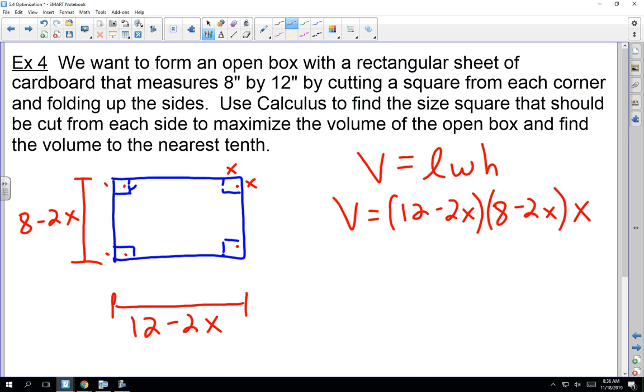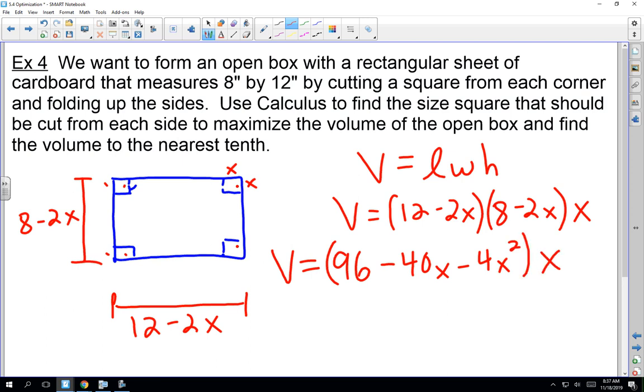Let's go ahead and multiply it out here. So we've got 96, and then this will be negative 16 minus 24, so it's negative 40x. And then minus 4x squared, plus 4x squared down, and then distribute the x.